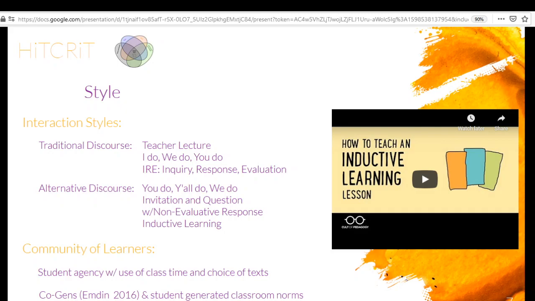So when I talk about style, we do not have to try to emulate something that is not natural to us. There are different ways to rethink and disrupt traditional interaction styles rather than just how we talk and the way that we behave. Although those are important and can be powerful too if we leverage them appropriately.